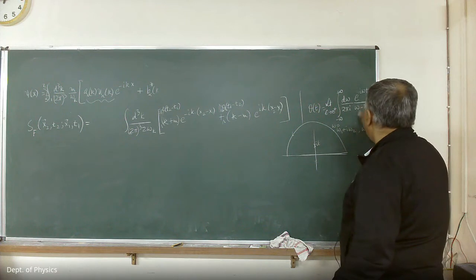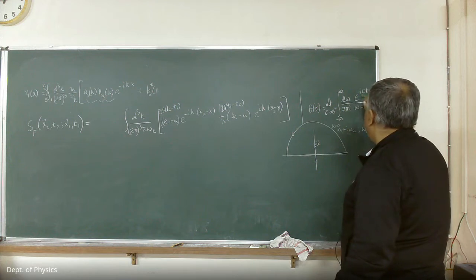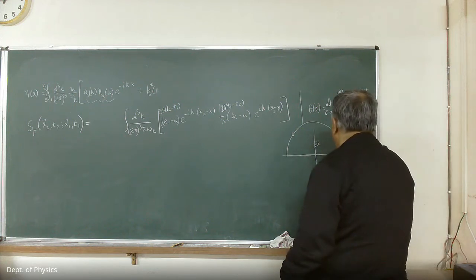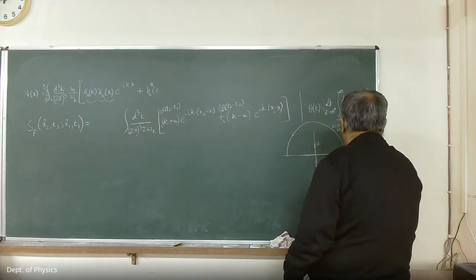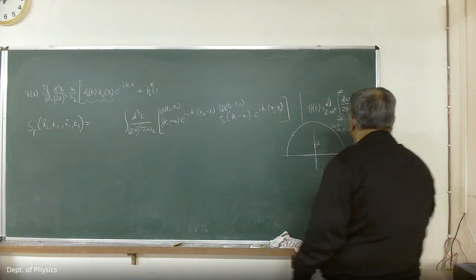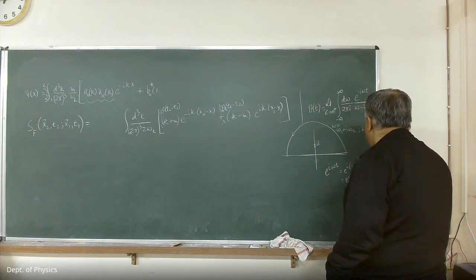Once you substitute it here, e to the power i omega t becomes e to the power i omega 1 t, and e to the power minus omega 2 t.